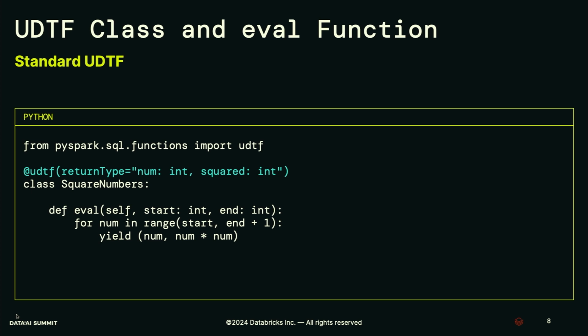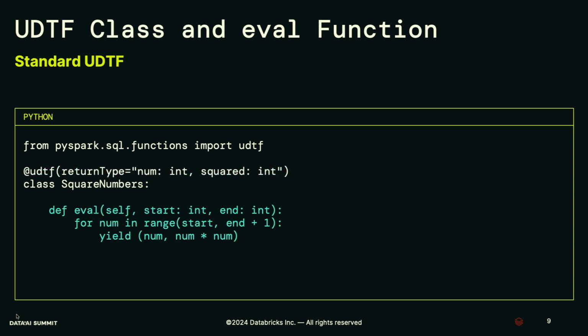In our example, the UDTF decorator tells PySpark that the SquareNumbers class is a UDTF, and that it will return a table with two integer columns, num and squared. We can specify the return type using either a DDL string or a StructType object, as shown in the code snippet.